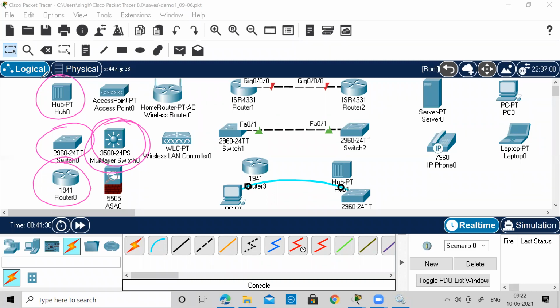The hub supported half duplex communication, and your access points also support half duplex communication. People say the hub is obsolete and no longer in place, so what is the use of knowing about it? But I say it is equally important, because if you are interested in how wireless access points function, it is very similar to your hub. So that comes as a layer 1 device, or a physical layer device.